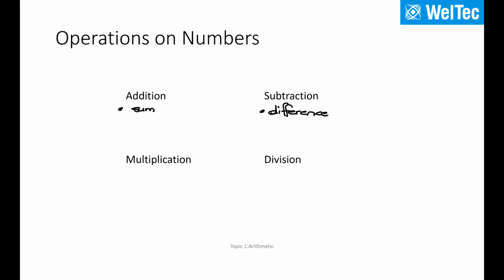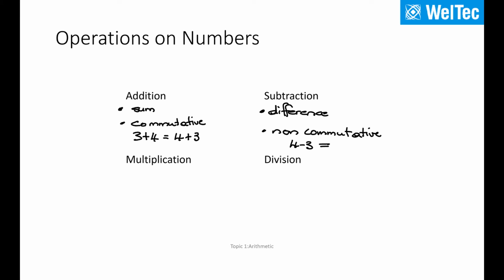Addition is what's called commutative, which means that 3 plus 4 is the same as 4 plus 3. Subtraction is clearly non-commutative. In other words, 4 minus 3 is not the same as 3 minus 4.